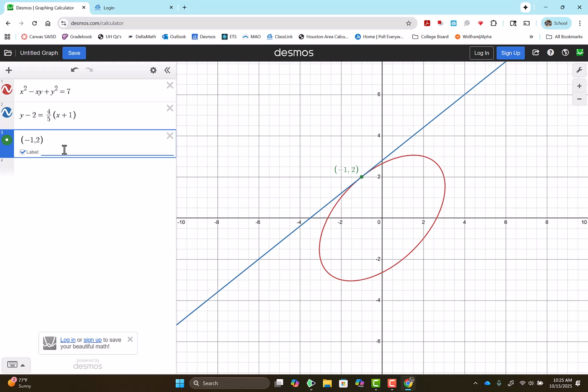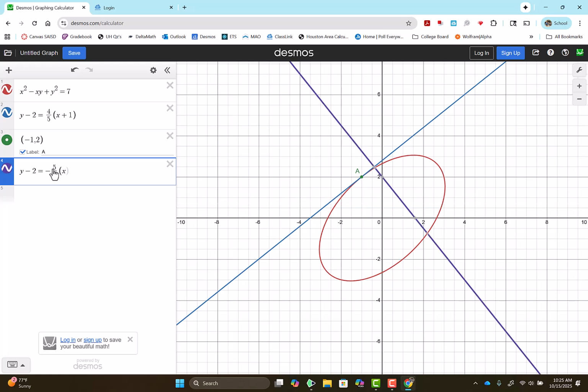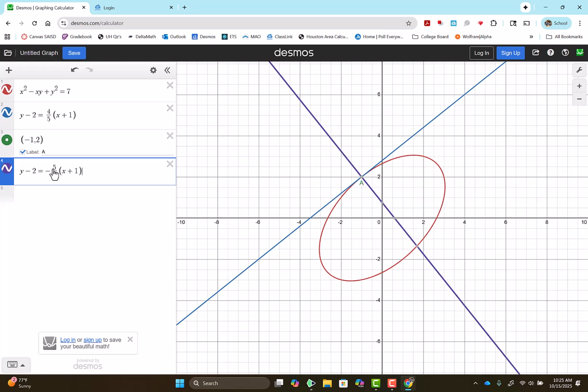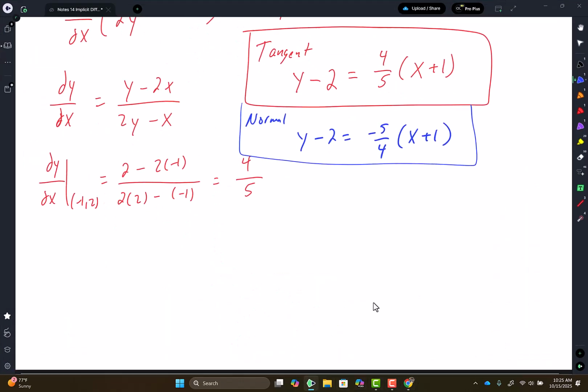I'll call it A. All right, normal. Y minus 2 equals negative 5/4 x plus 1. Look at that. Cool or not cool? Okay, let's keep practicing.